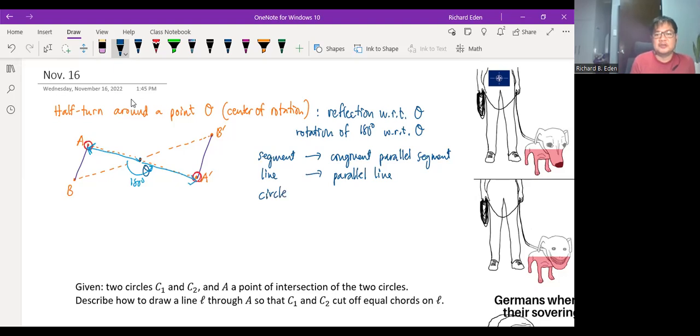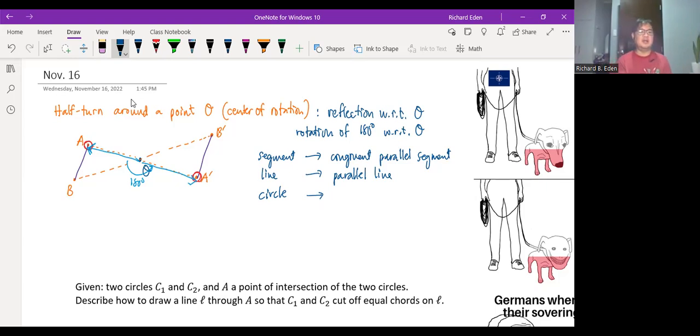When you do a half turn, what's gonna happen? What's the image of the circle going to be? It's going to be another circle that has the same radius as the previous circle. Well, the position will depend on where the center is.